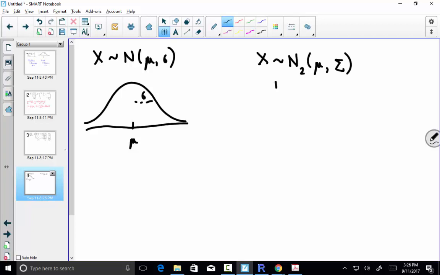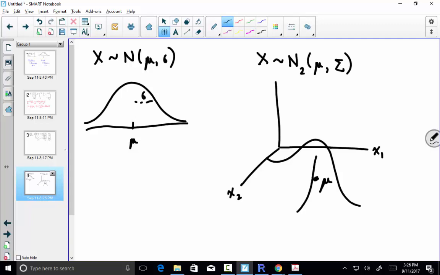So now instead of a 1-dimensional bell-shaped curve, we have 2 variables, and we have a mean, and instead of one bell-shaped curve, we kind of have 2 bell-shaped curves that are continuously connected to each other. So it kind of looks like that. It's an elliptical surface centered at the mean vector.